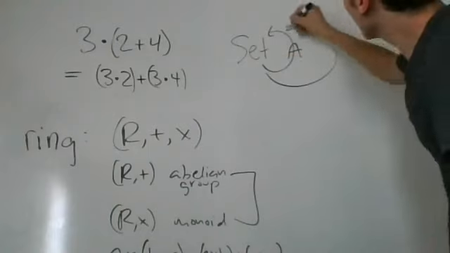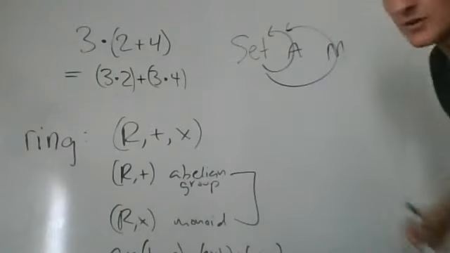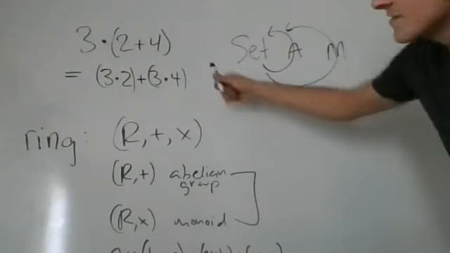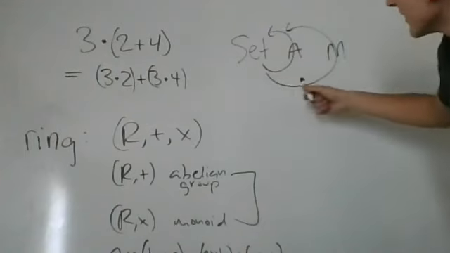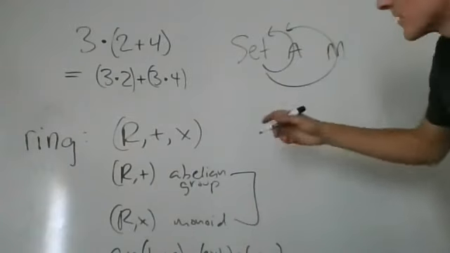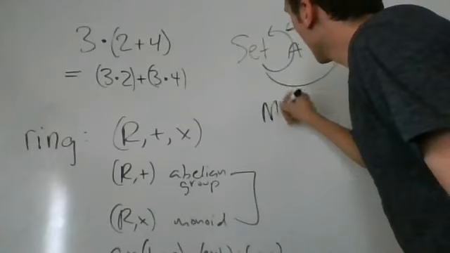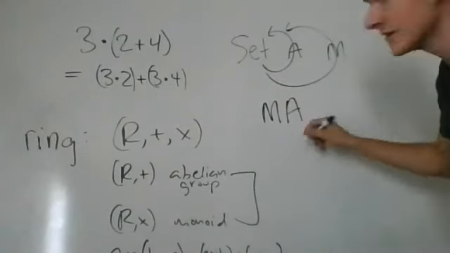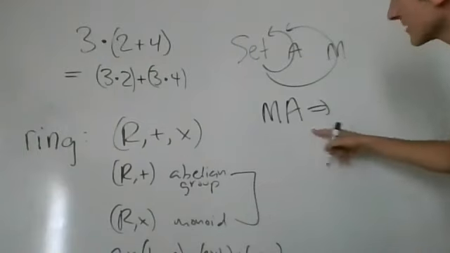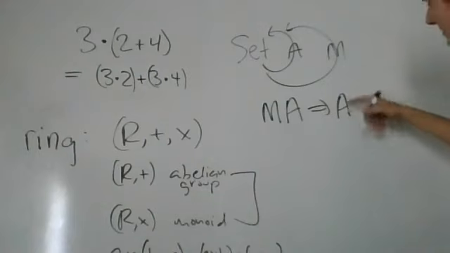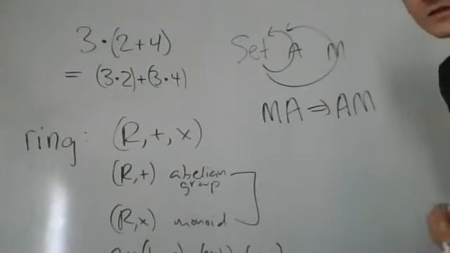And then we also have our free monoid monad like we've been talking about. And then this distributive law, the idea is that it's literally a natural transformation from the multiplication of the monoid and the addition of the abelian group. It's a natural transformation from that composition to the addition of the abelian group over the multiplication of the monoid.